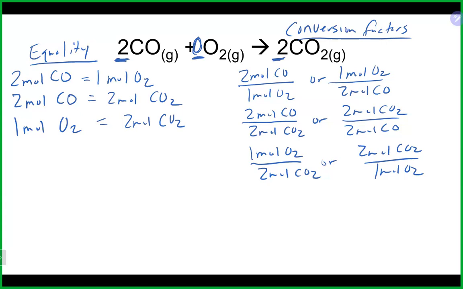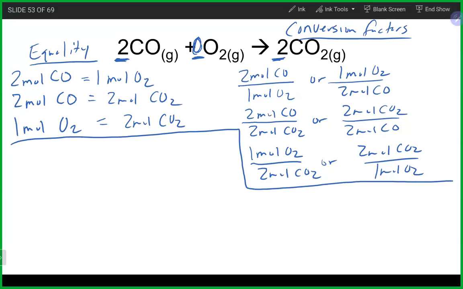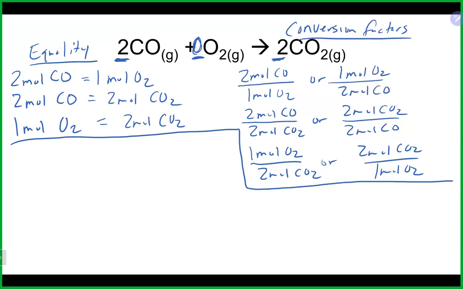So for example, let's say that we started with, actually, no, let's say we produced 36.5 grams of our friend CO2.